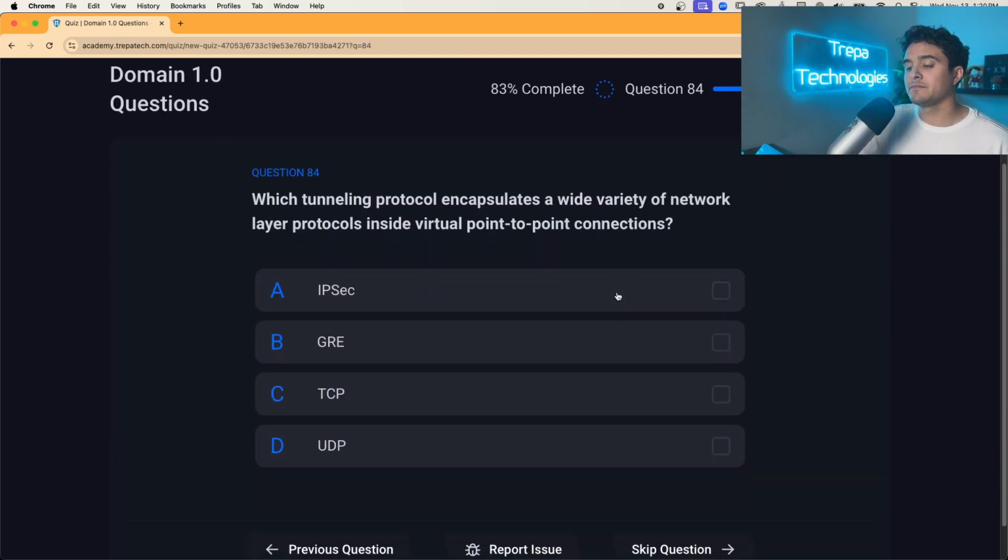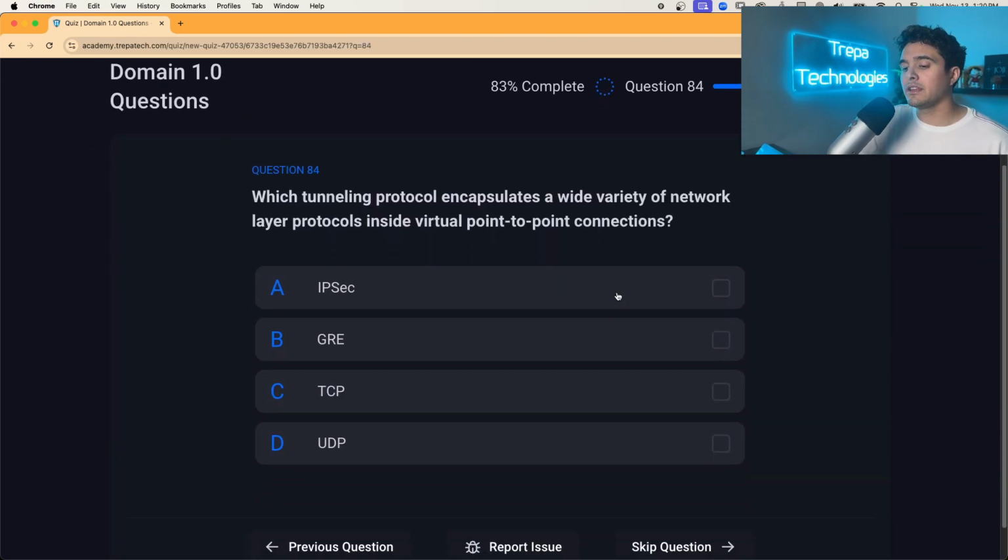Question 84. Which tunneling protocol encapsulates a wide variety of network layer protocols inside virtual point-to-point connections? So going over some VPN technologies. The only two answers we can have here are A or B. TCP/UDP is not a tunneling protocol. Those are just our layer 4 transport layer protocols.